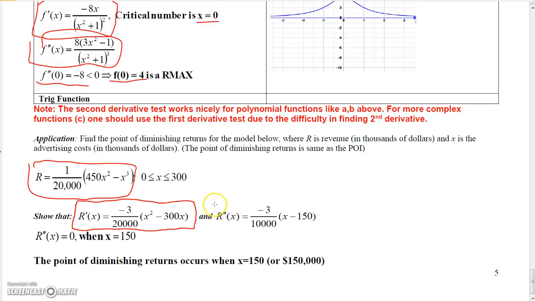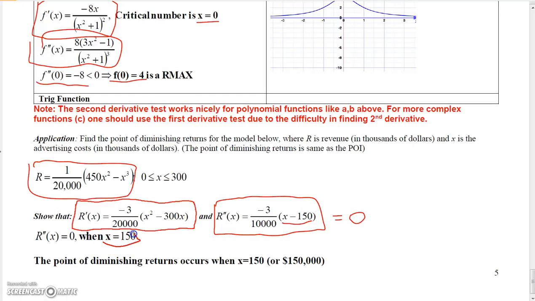The second derivative is minus 3 over 10,000 times (x minus 150). Basically, we're looking for the point of inflection. So we set this equal to 0, and we get x equals 150.